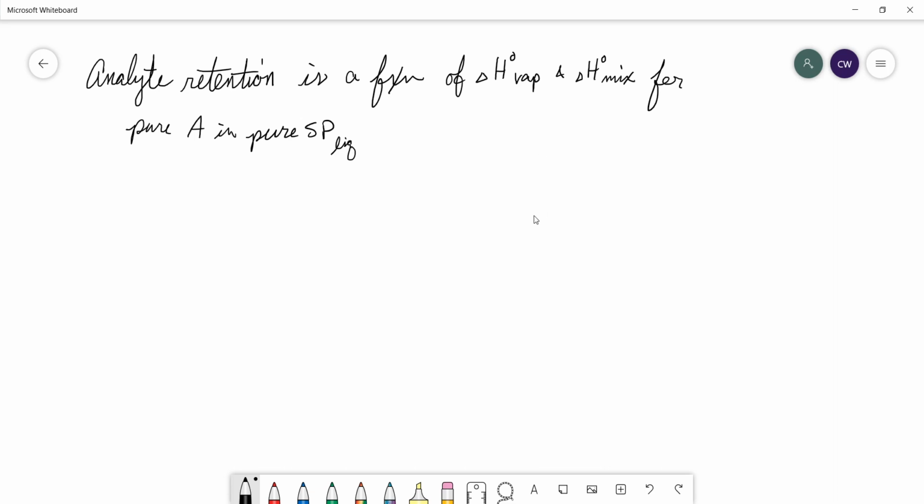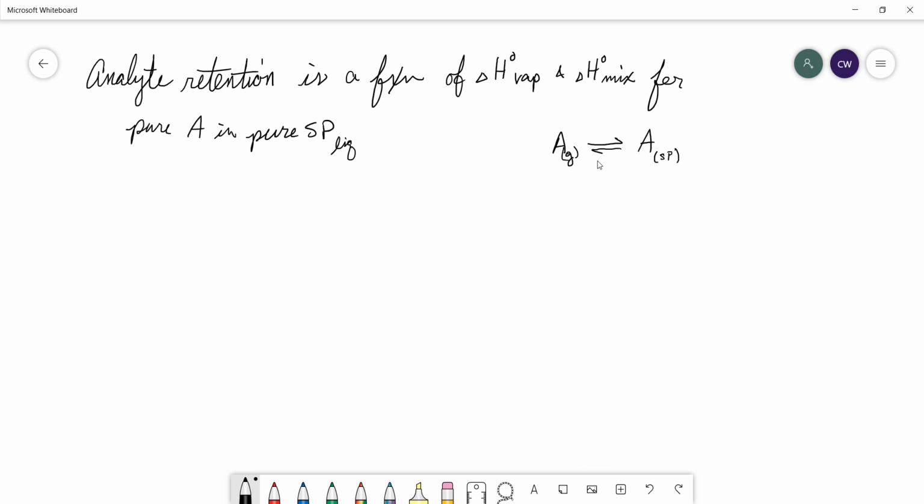So if we go back to how these separations happen, we have the analyte as a gas, in the vapor phase, equilibrating with the analyte dissolved in the stationary phase. That's our partition system.